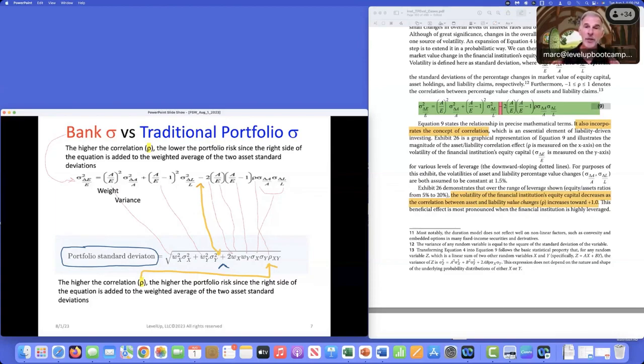It is the free lunch of Wall Street, to borrow from Peter Lynch and Burton Malkiel, random walk down Wall Street. But when we deal with a bank, we want a high correlation between the one systematic risk factor that impacts a bank's assets and a bank's liabilities, interest rates. Because when we have a higher correlation, it reduces the risk in that case.